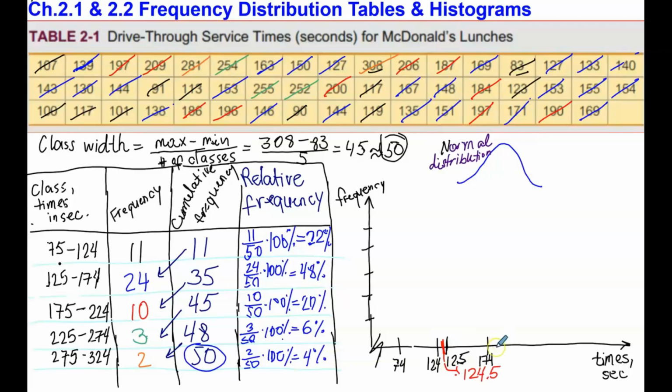The next class boundary will be between 174 and 175. It will be 174 and a half. The next class boundary will be between 224 and 225, which is 224 and a half. And finally, 274 and 275, it's 274 and a half.